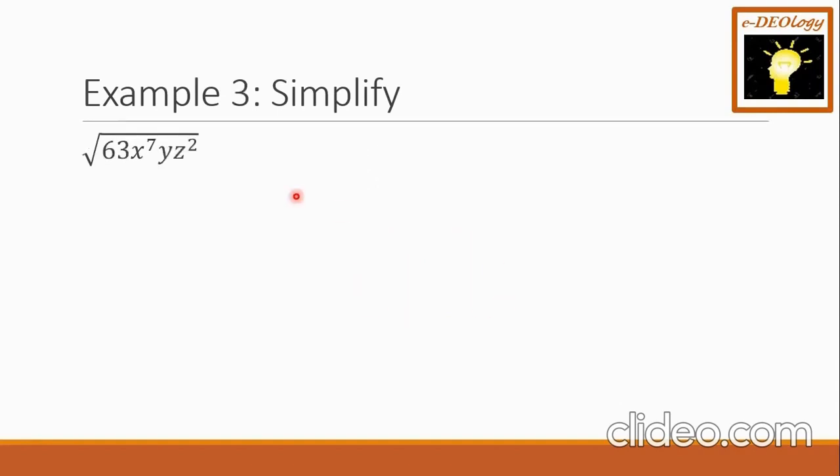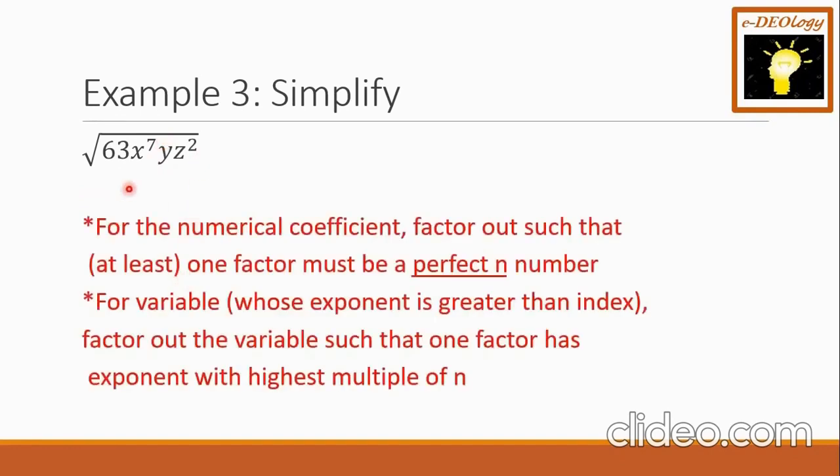Let's have example 3. Let us simplify the square root of 63 x raised to 7 y z squared. As per our rule, for the numerical coefficient, we're going to factor out such that at least one factor must be a perfect n number. So our index here is 2, so we're looking for a perfect square factor for this 63.